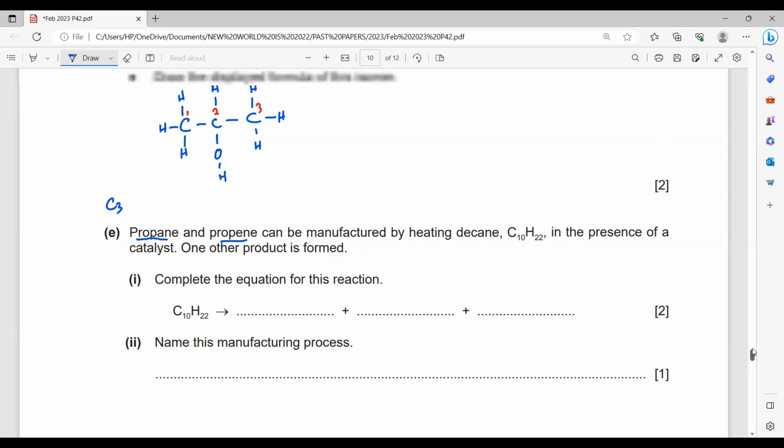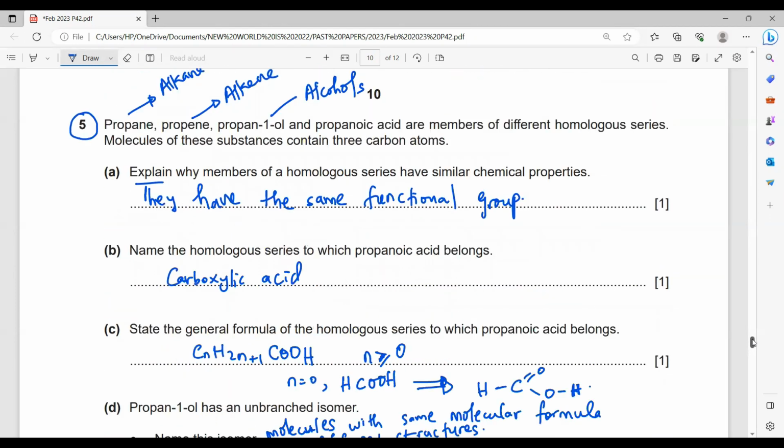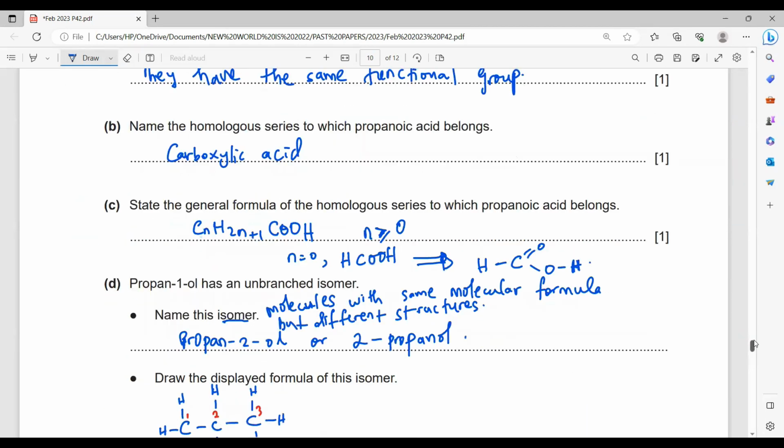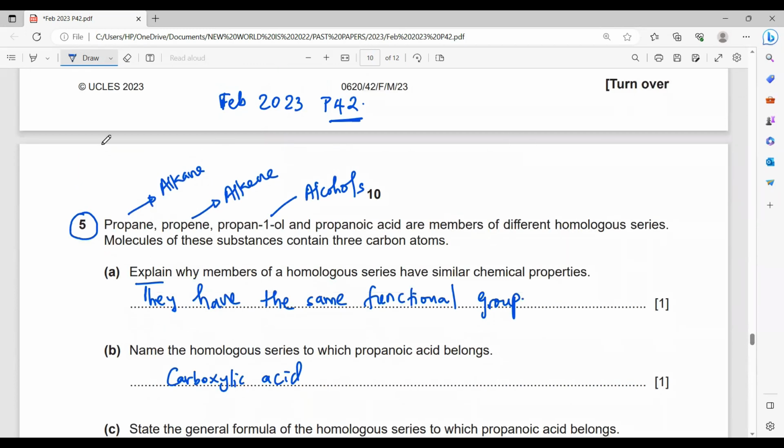If we come back up here, there was a question that asked us the general formula of the carboxylic acids. We could also have the general formula of the others. For the alkanes, you have CnH2n+2, and for the alkenes, CnH2n.